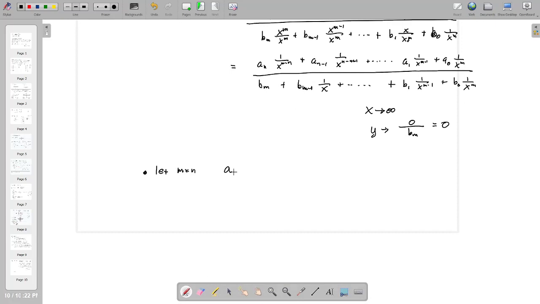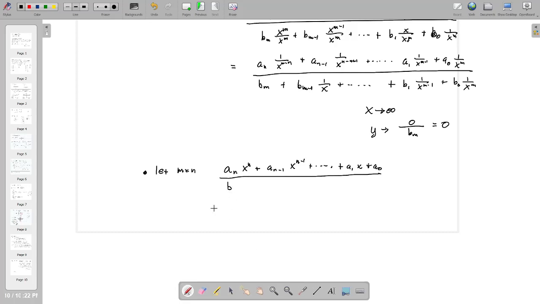Our function would become a sub n x to the n, a sub n minus 1 x to the n minus 1, all the way down to a sub 1 x plus a sub 0, divided by b sub m, but because m is equal to n, I'm just going to use n, x to the n plus b sub n minus 1 x to the n minus 1, all the way down to b sub 1 x plus b sub 0.